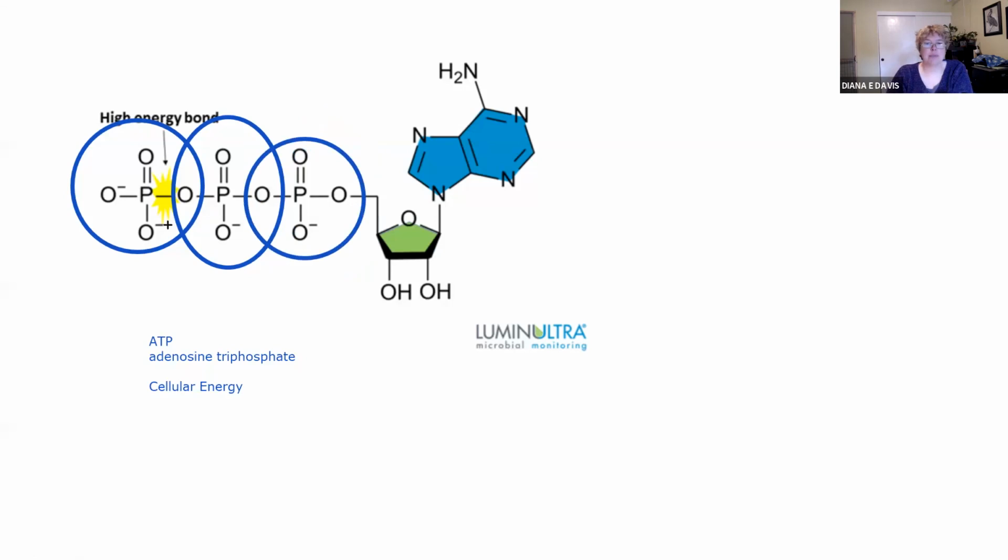And that's a phosphate group. So you can see the phosphate groups share an oxygen between two of them. These phosphate groups line up, and the energy is actually in the bond between the phosphate groups. So that's the high energy bond right there. And that bond breaks to release energy to power other cellular processes.